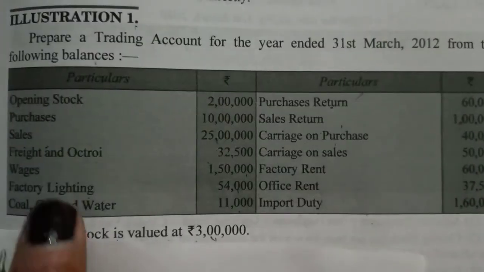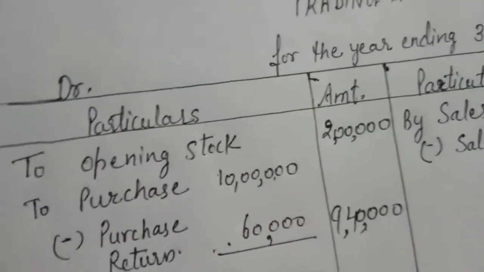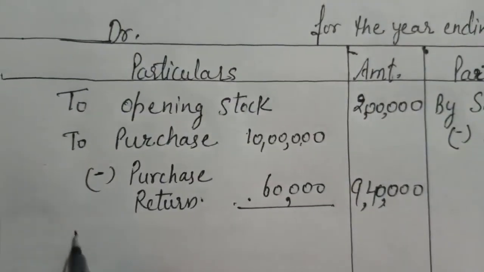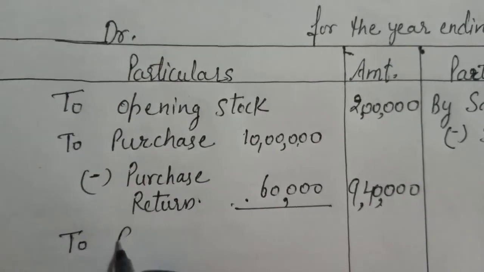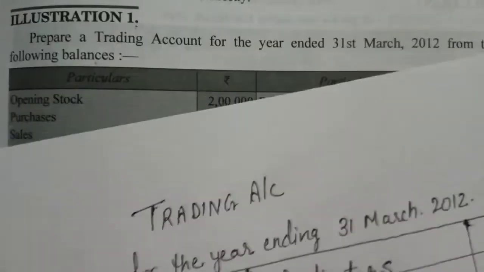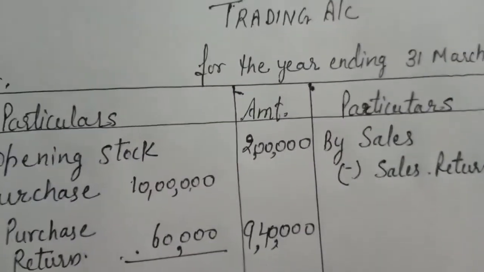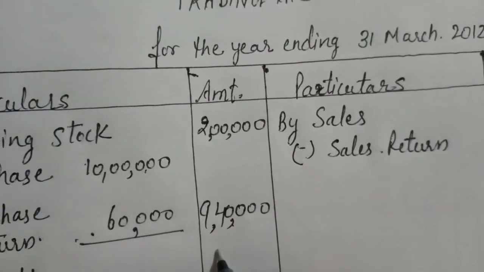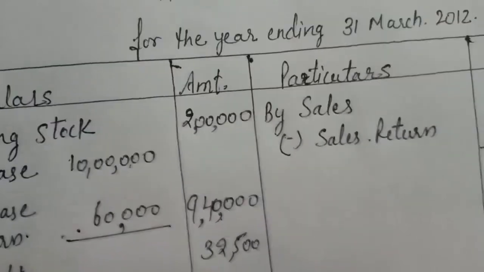Now the next is freight and octroi. See, freight and octroi are direct expenses. So you will write freight and octroi on the debit side. So you will write here "To freight". How much? This is 32,500.